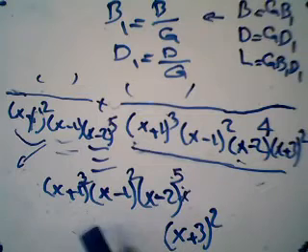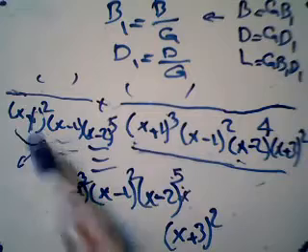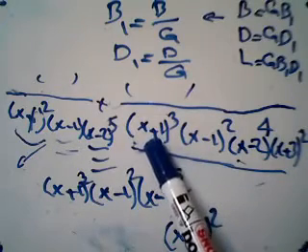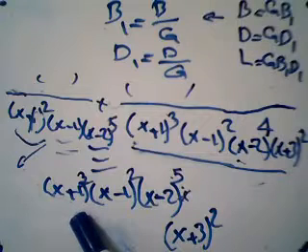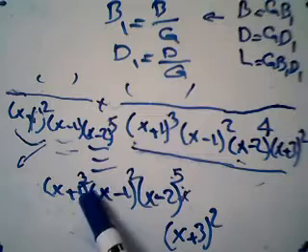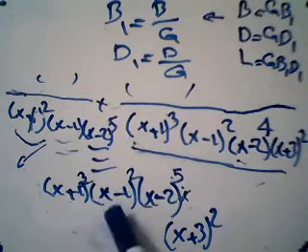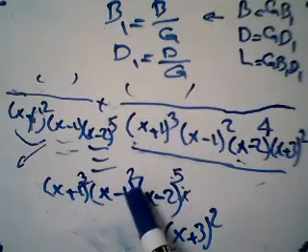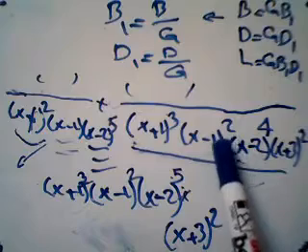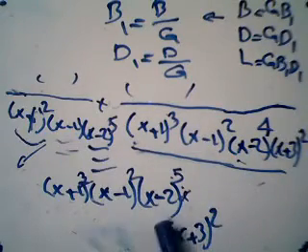But here, suppose this is x plus 1, this is also x plus 1, but its power in the least common multiple is the bigger one, not the lower one, unlike the greatest common factor. And here we got x minus 1, but its power again is the bigger one, this one. Here the power is 1, here is 2.